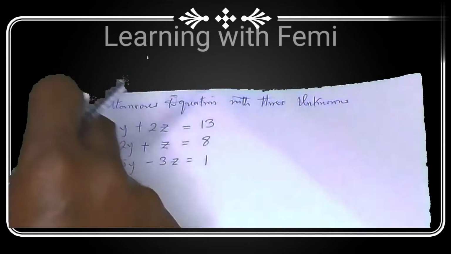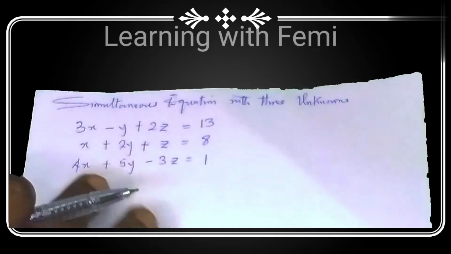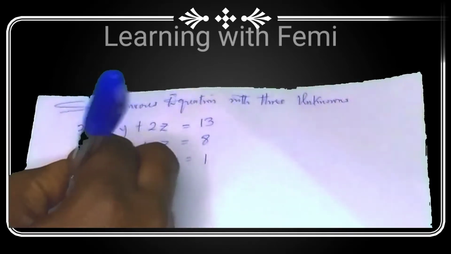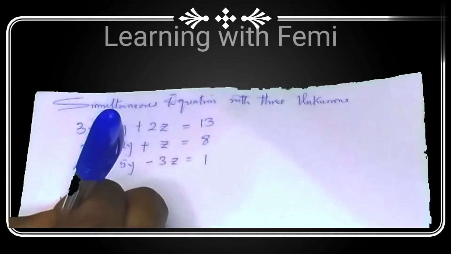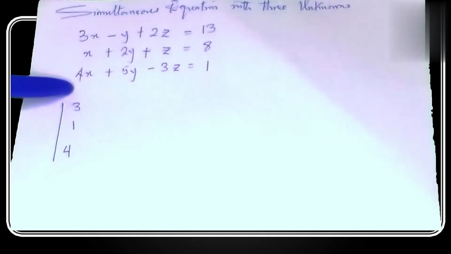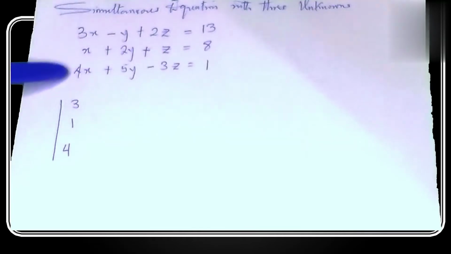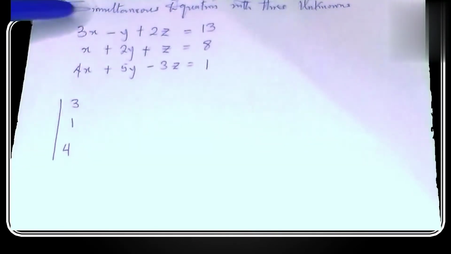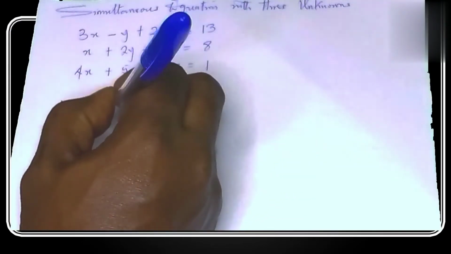We extract the coefficients of all these variables into a matrix form. So we have 3, 1, 4, because for the x column, we have 3, 1, and 4 as coefficients of x. Now for the y column, we have -1, 2, and 5.